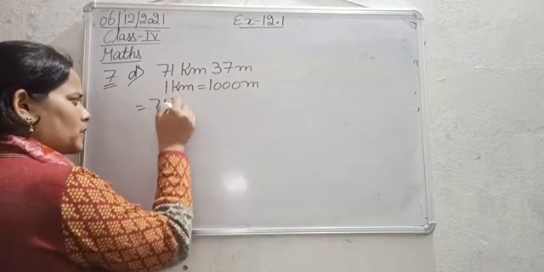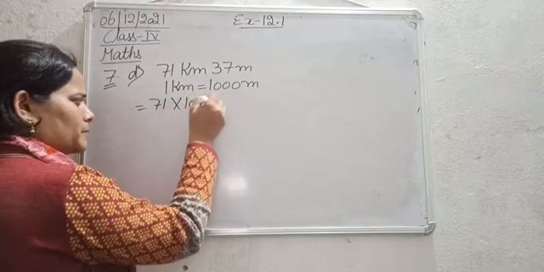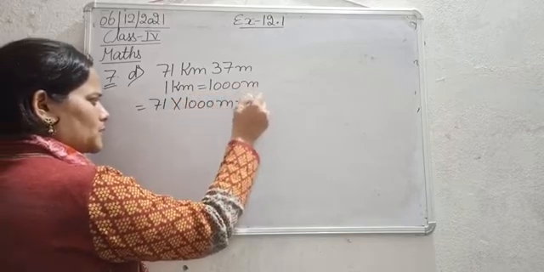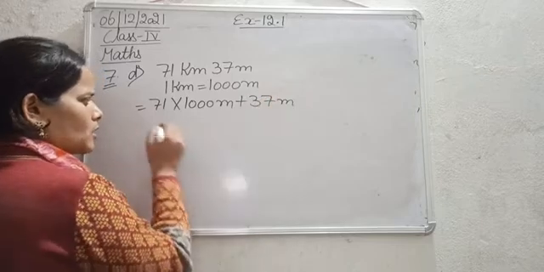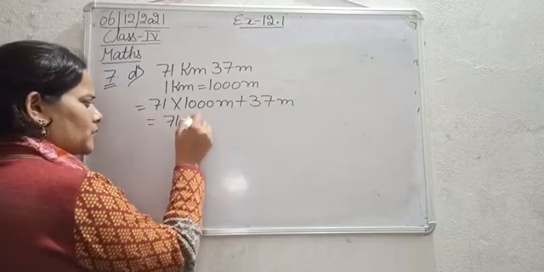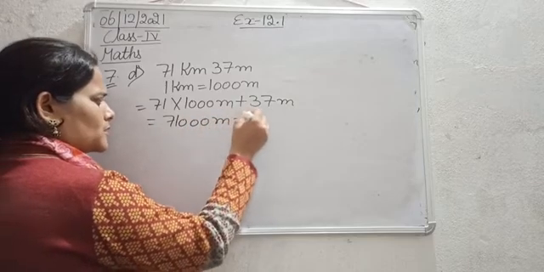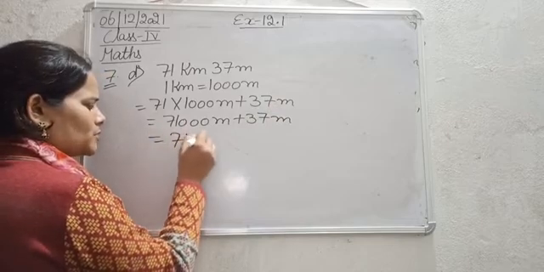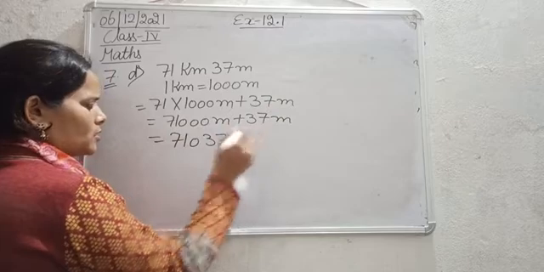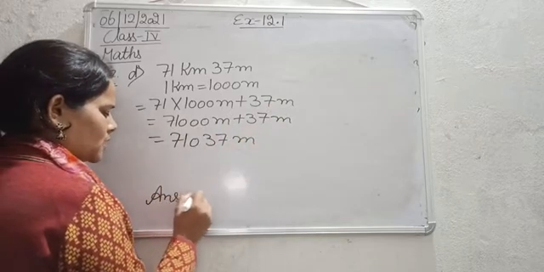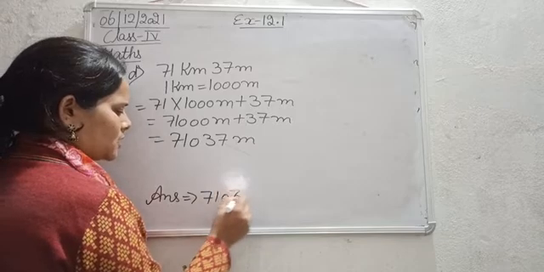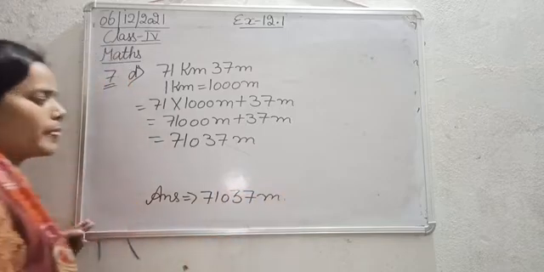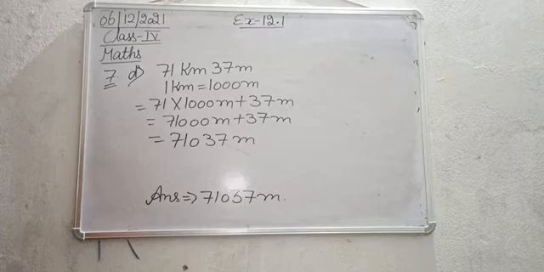So 71 kilometer will be converted into meter by multiplying it with 1000 plus 37 meter. So this is 71,000 meter plus 37 meter. So this is 71,037 meter. So the answer is 71,037 meter. Okay. So this is the solution for the D part of question number 7. You can pause it here and note it down in your notebooks.